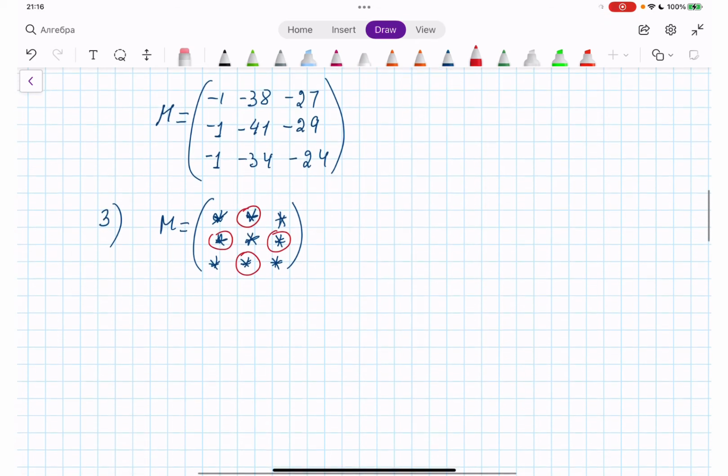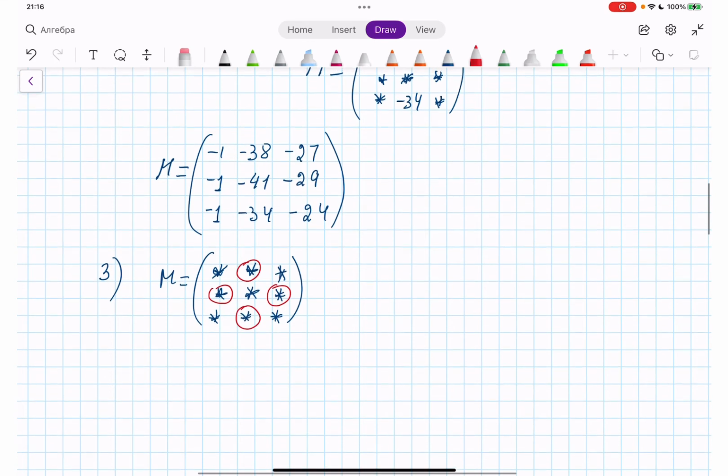So, in this case, we are going to have negative 1. Here is going to be positive 38. And negative 27. And again, here is 1, and then this is positive 29.